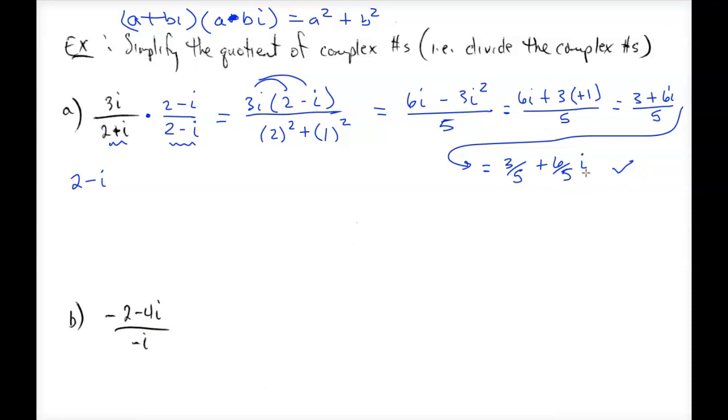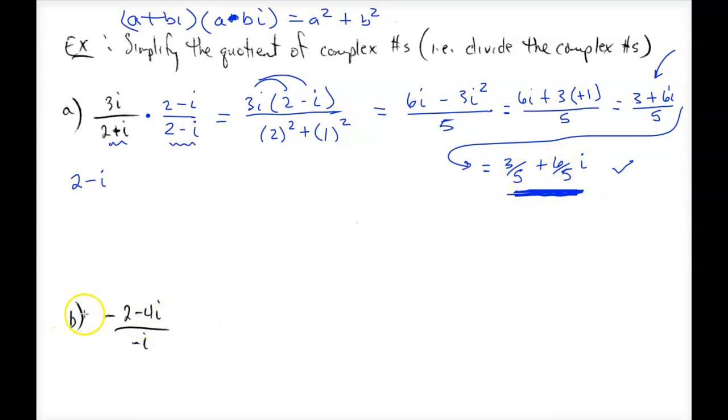Depending upon if you're trying to put these answers into a learning management system like MyMathLab or ALEKS, they may or may not accept this form of the answer, but most all of them should accept this true form of complex number here. So it's a good habit to write your complex numbers out like this.